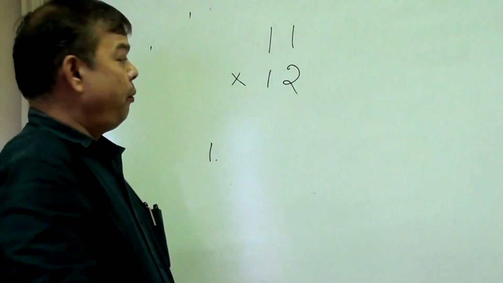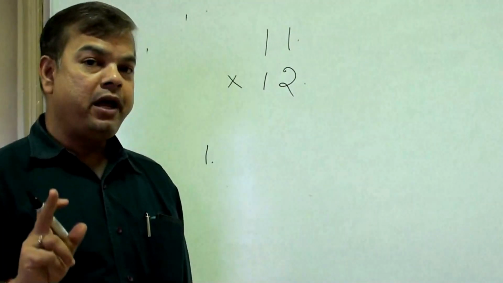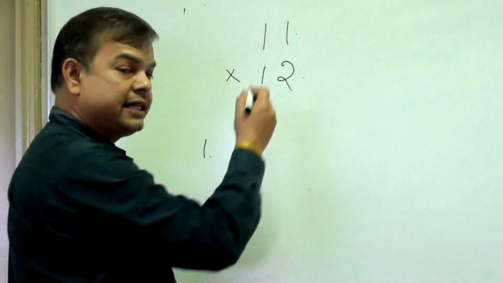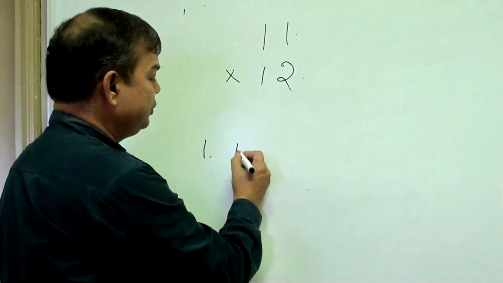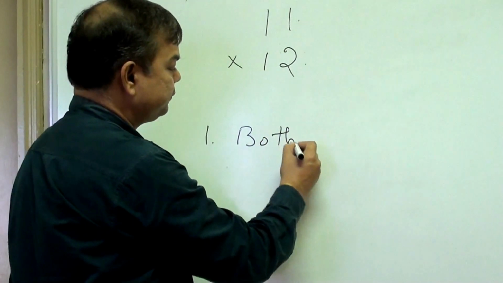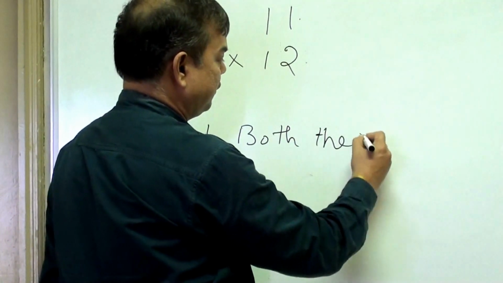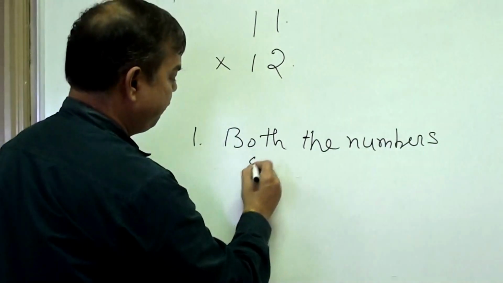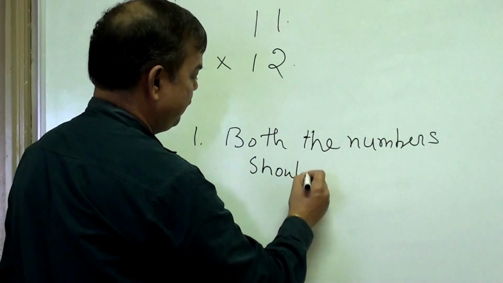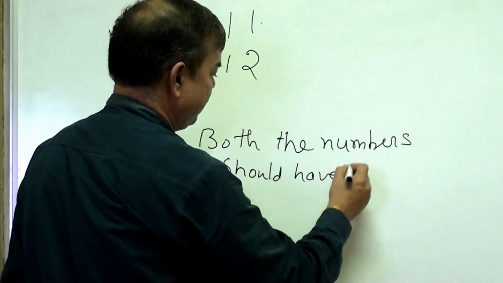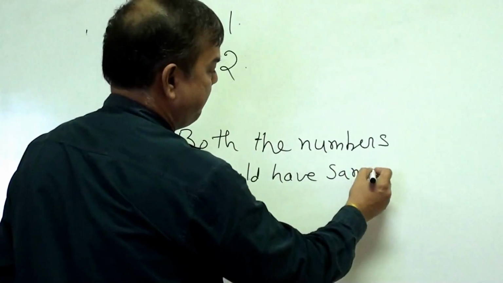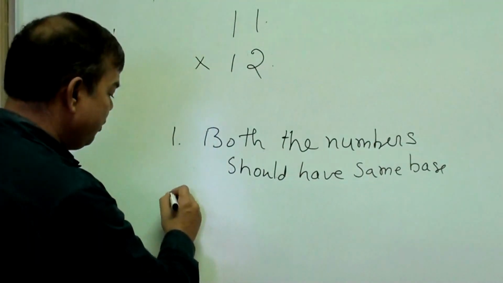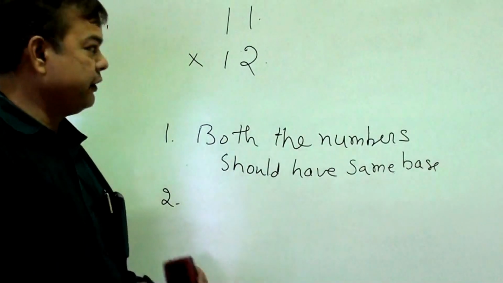First, both these numbers should have the same base. In this case the base is 10. So the first rule is both the numbers should have the same base. Okay, and the second rule is, which I will tell you afterwards.